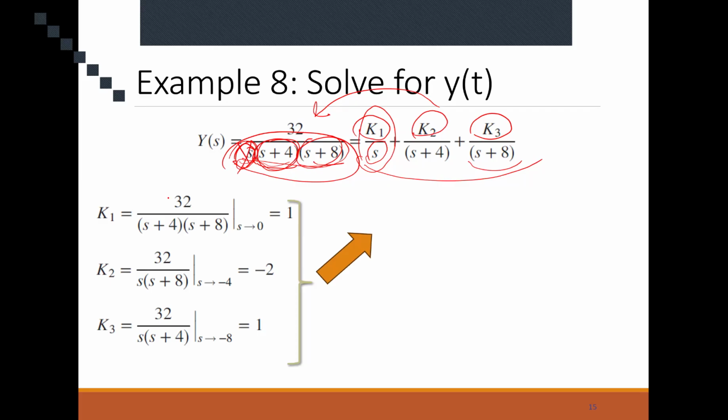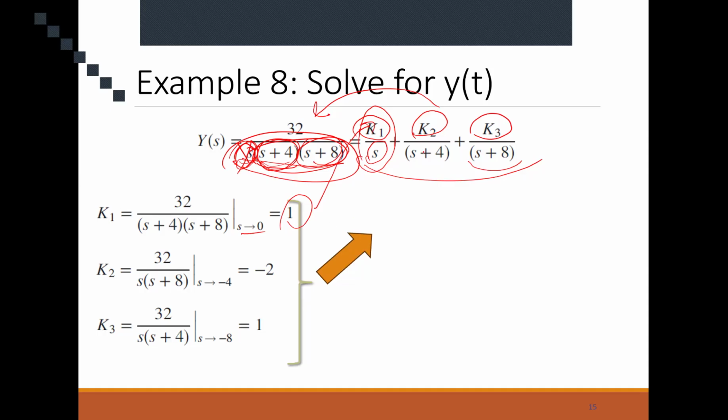So you eliminate this, and it becomes 32 over the multiplication of these two terms. You send s equal to 0, and whatever value we have is going to be k1.